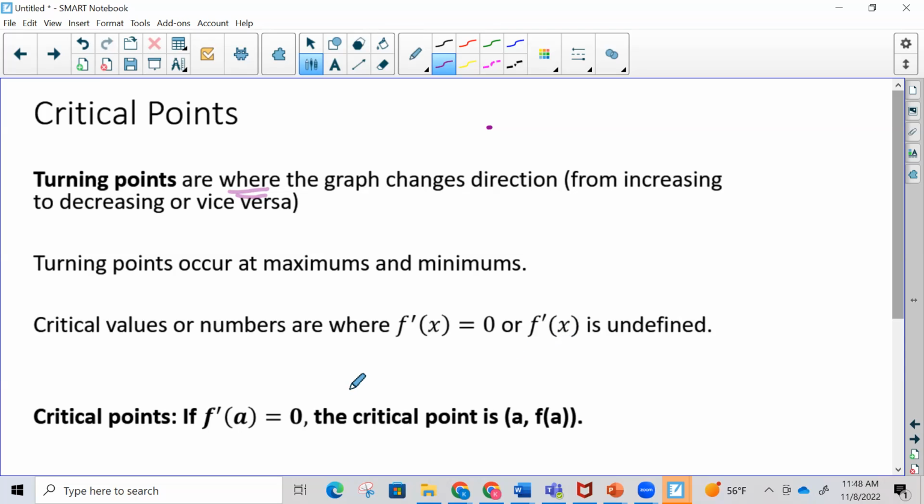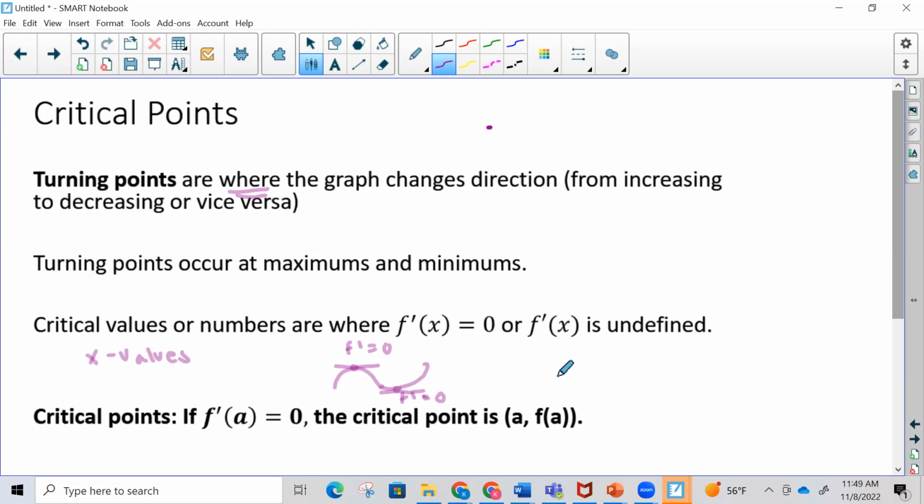So anytime you have a max or a min, the tangent line is horizontal, and so the derivative is going to equal 0. And so that's the critical value or the number. Again, we give the x values for this when we want it.